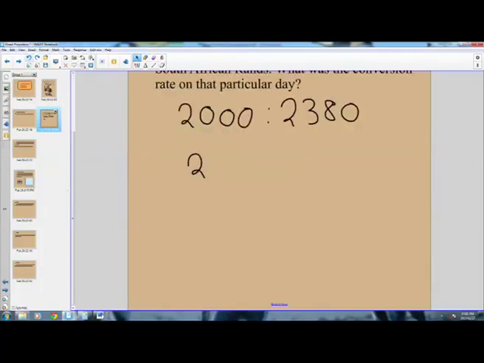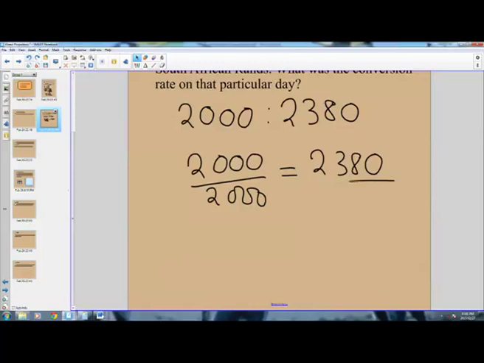So 2,000 divided by 2,000 will be equal to 2,380 divided by 2,000. Then the 2,000 cancels this 2,000. So this will be 1.